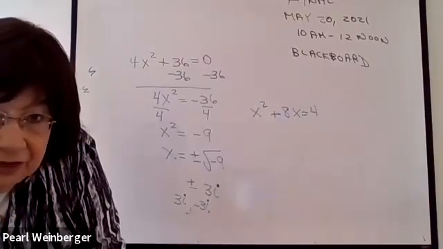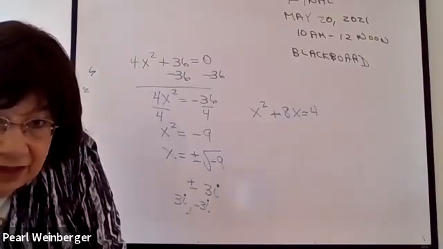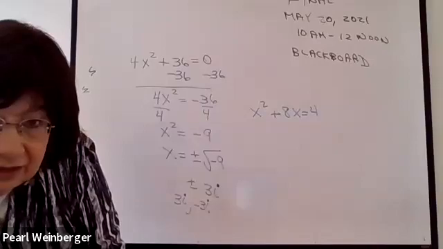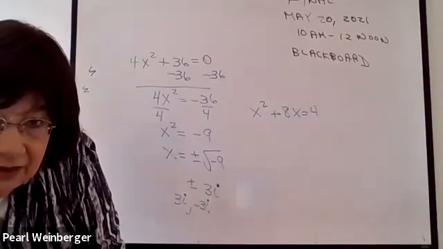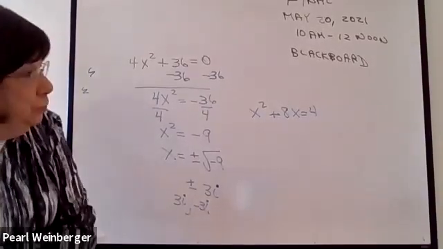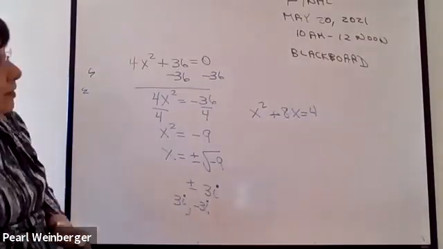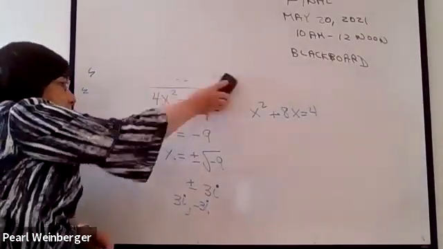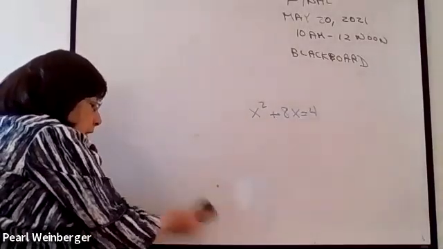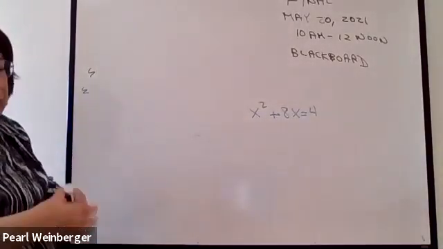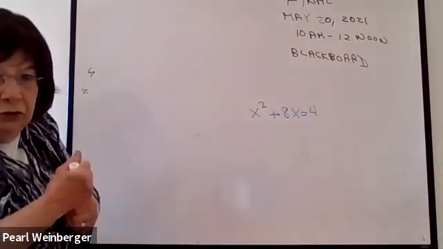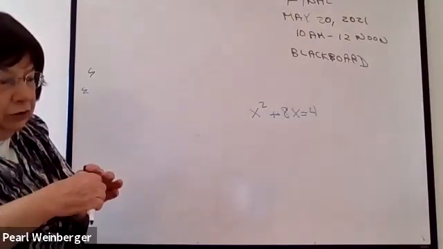Okay, I see Jennifer has given us the answer. Let's see what answer we come up with. Okay, so I'm going to erase this and I'm going to work on that question. Jennifer, which way did you do it? How did you solve that equation?